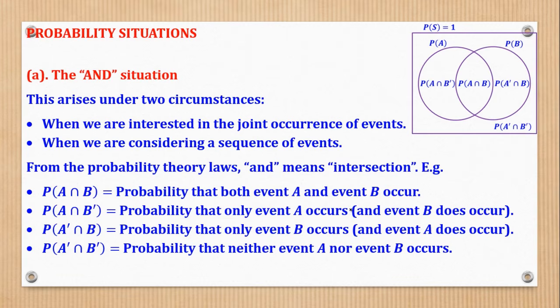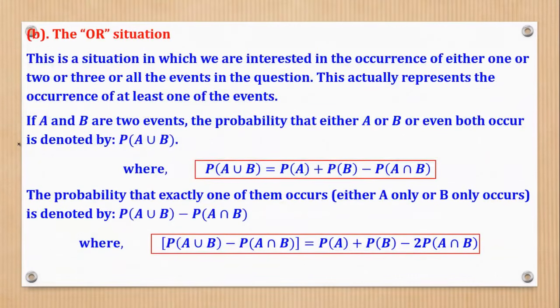But it all means the same. Then when I say probability that neither event A nor event B occurs, it means A complement intersection B complement. So that has been the AND situation.